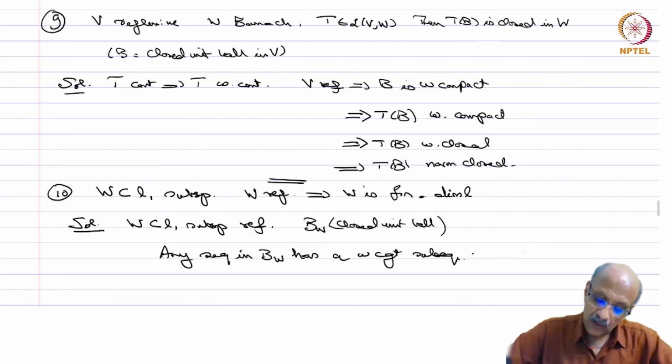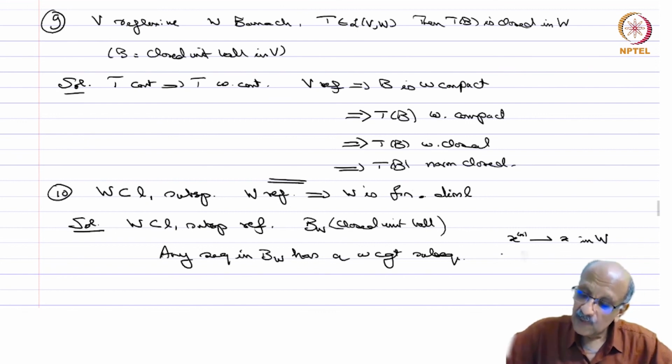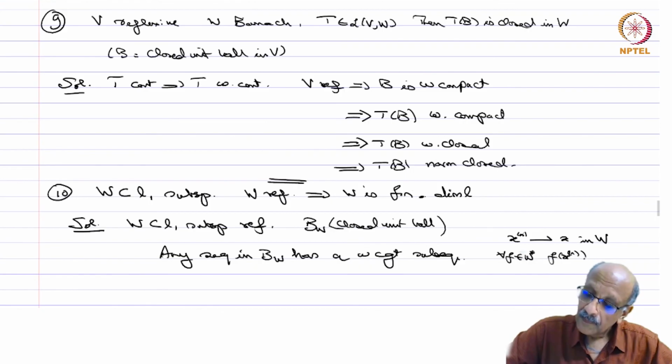So now weakly convergent means what? xn converges weakly to x in W. That means for every f in W star, f of xn converges to f of x.